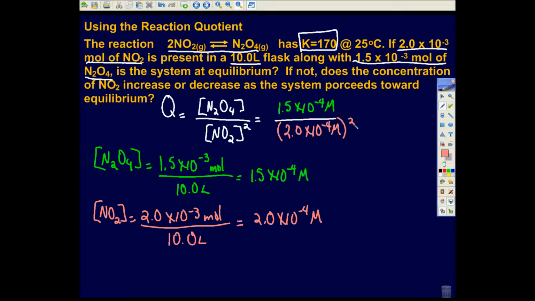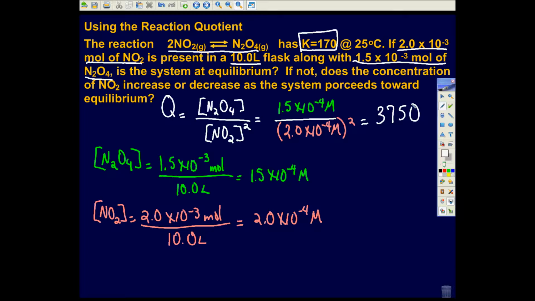And remember, the units really don't matter in these quotient values. They don't have a unit. So when I plug that into my calculator, I'm going to get a really large number. And yeah, it's 3,750 for a value of Q.